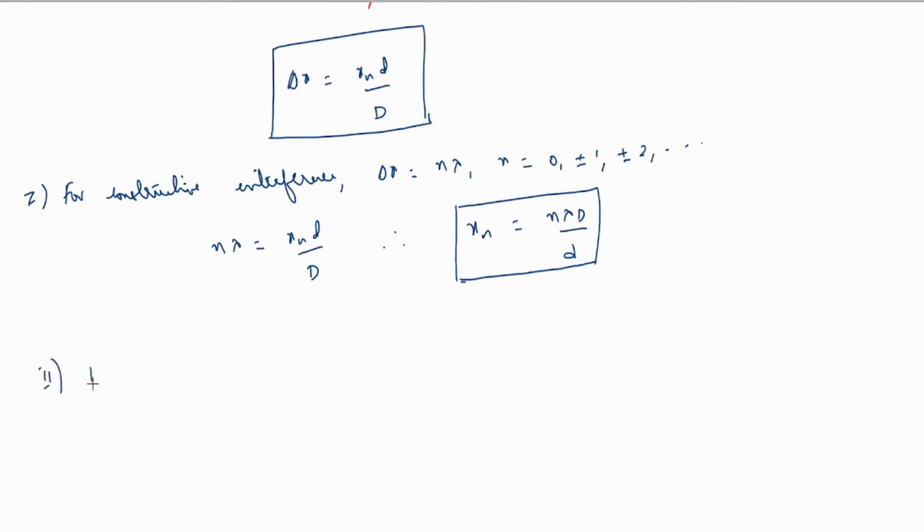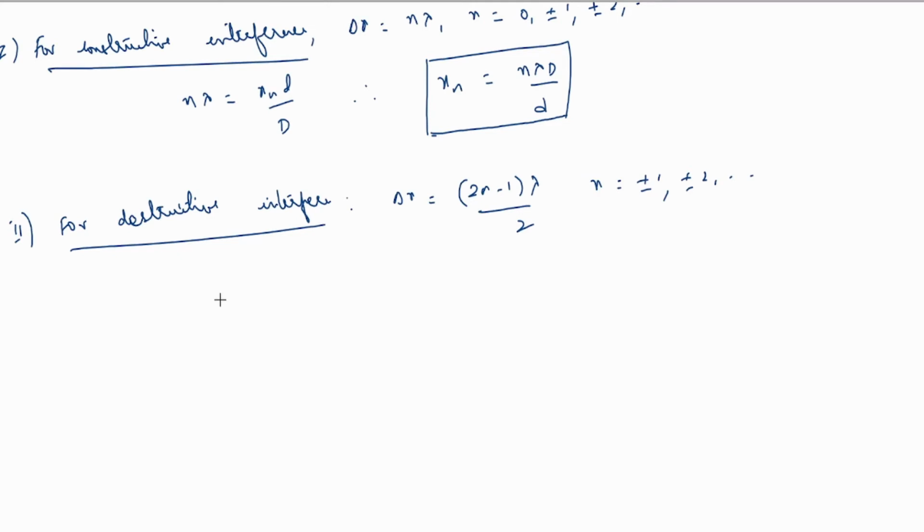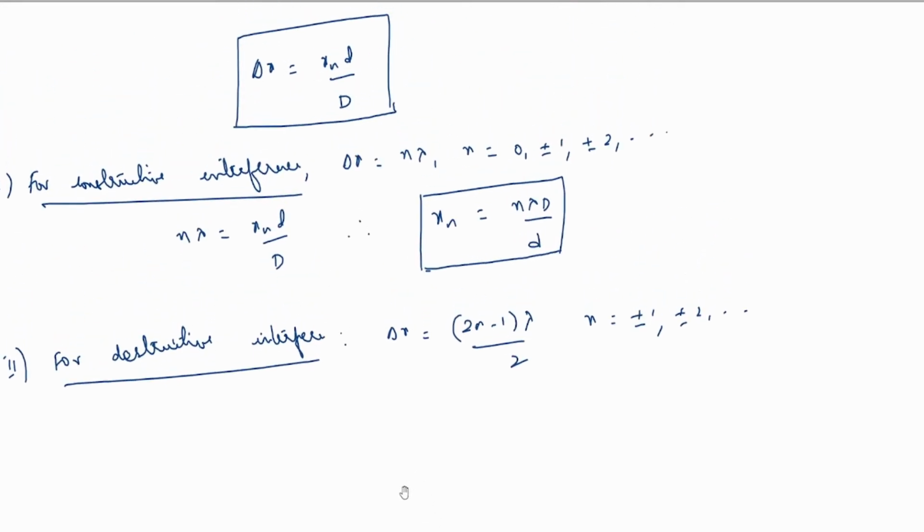Let's take case 2, destructive interference, which means it is a dark band. In that case, the path difference is equal to 2n minus 1 lambda by 2. Again here n is equal to plus or minus 1, plus or minus 2, etc. So putting it back in the expression, recall what delta x is.